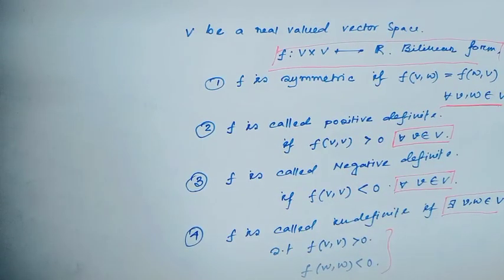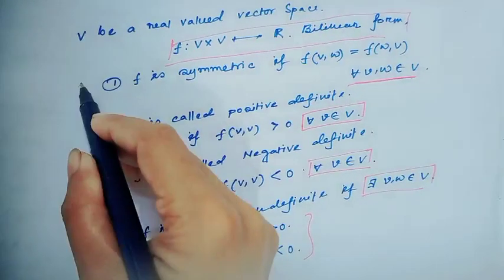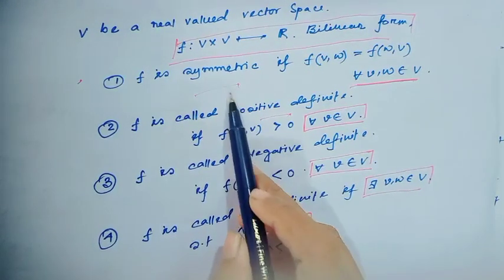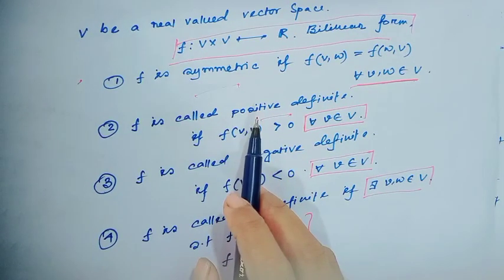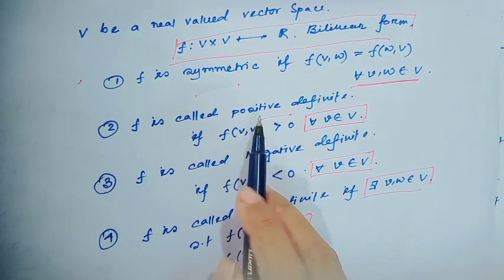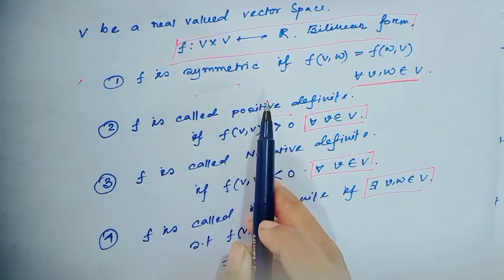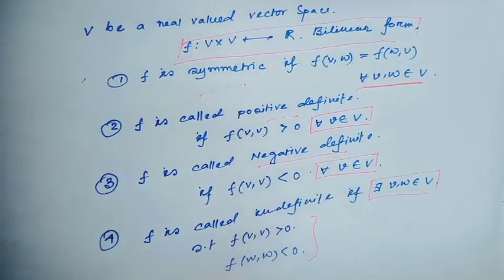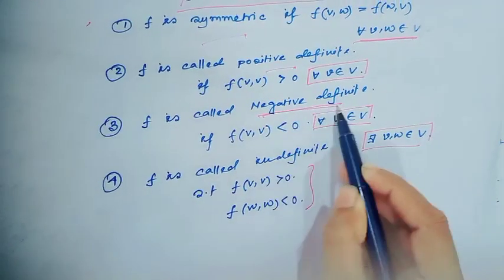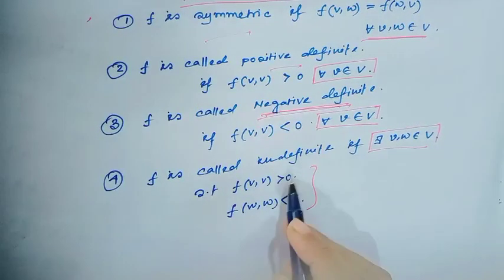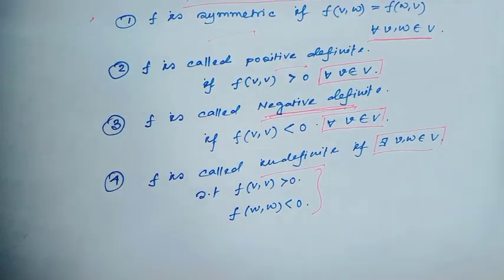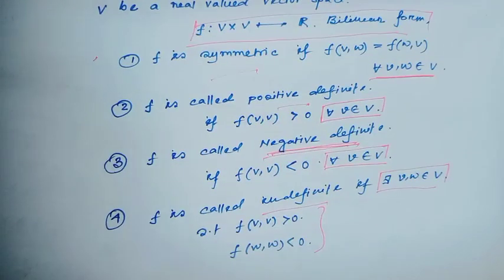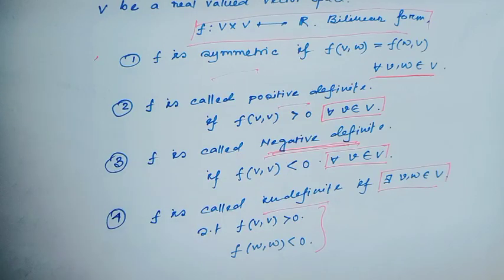In a bilinear form, symmetric means this, positive definite means this, and when it is a symmetric and positive definite bilinear form, then we can tell this is the inner product in the field R. Negative definite means this, and indefinite means this. This concept is actually very important for higher study and for any competitive exam.